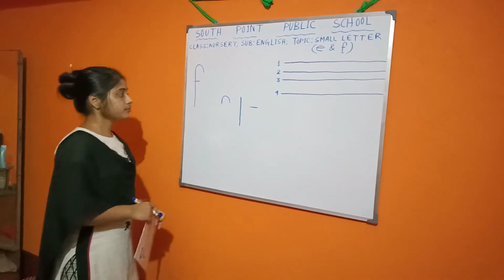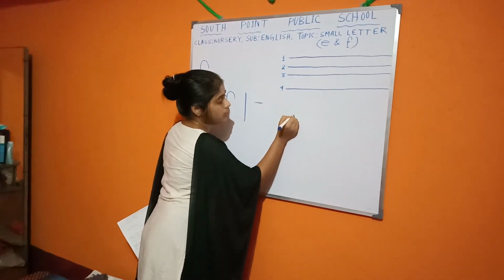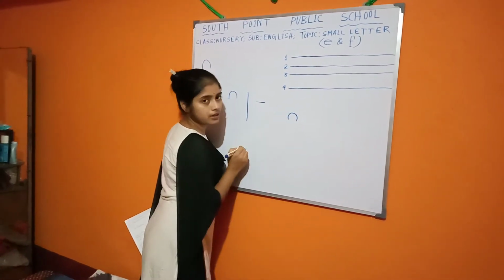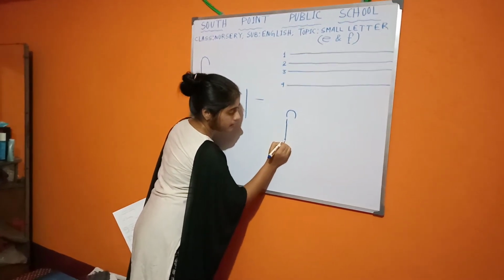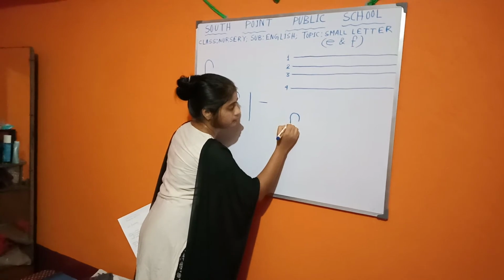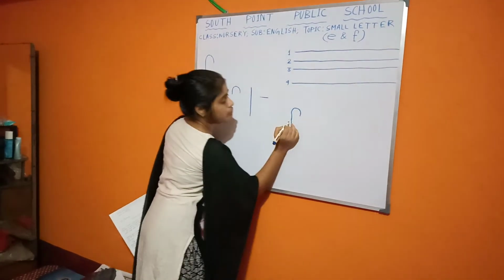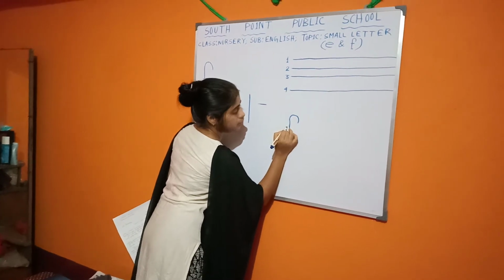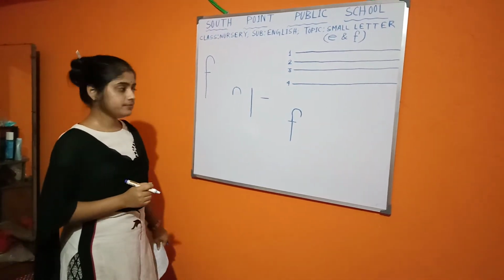Okay? At first, the small curved line joins with the standing line. Then the small sleeping line joins this.